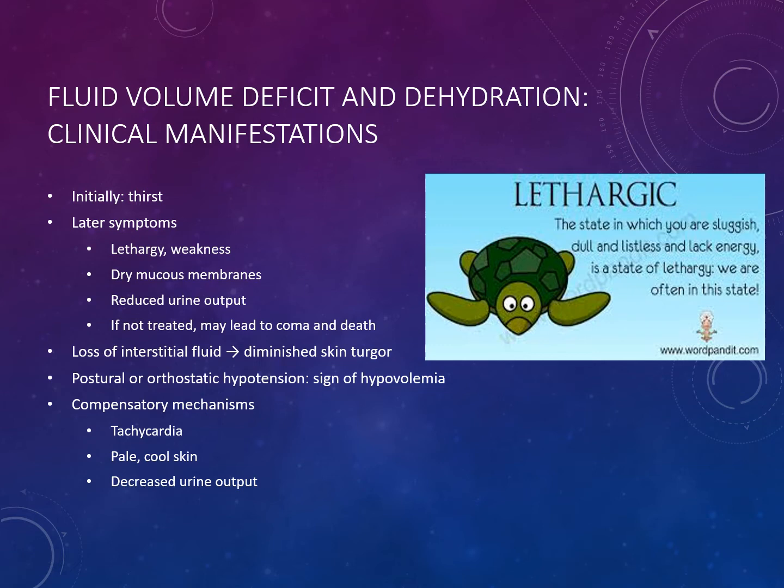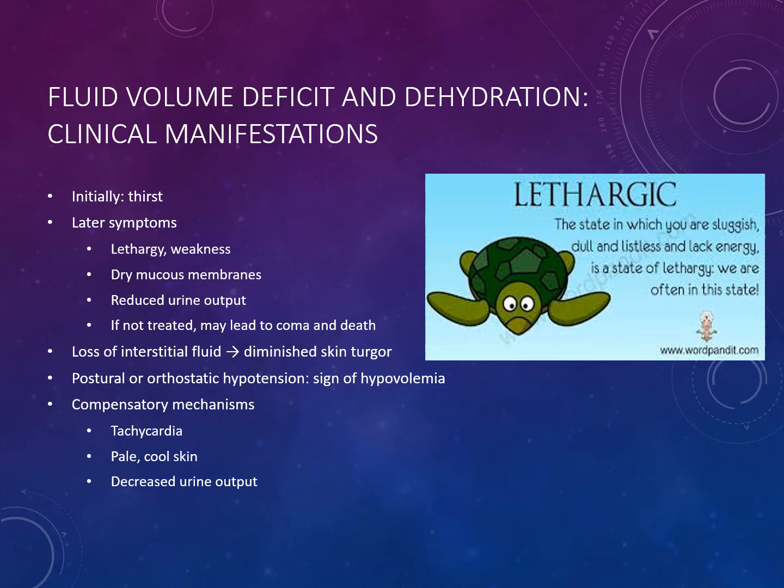Loss of interstitial fluid leads to diminished skin turgor. So when you're looking at your assessment, you need to look at the skin, check the turgor of the skin. Postural orthostatic hypotension can occur. This is a sign of hypovolemia, that you don't have enough vascular volume to maintain the blood pressure.